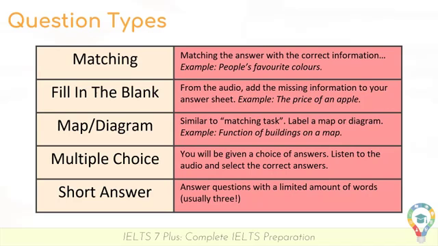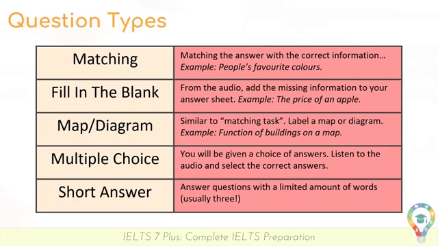You'll be shown and asked a question about the audio that you hear. With a limited amount of words, you must write an answer. And it's very, very important that you stick to the limited word count. The instructions will be given to you in your question booklet, and it's usually 3 words or less.